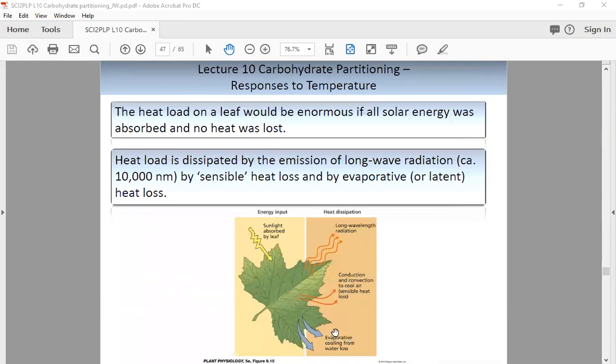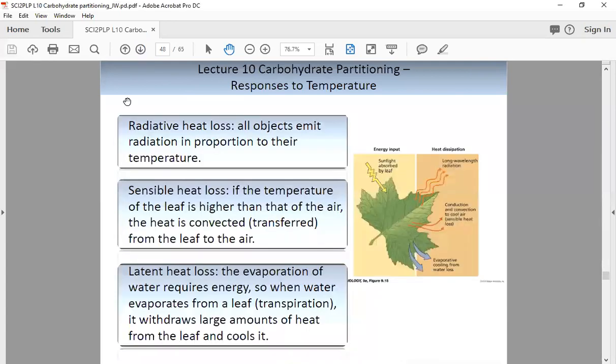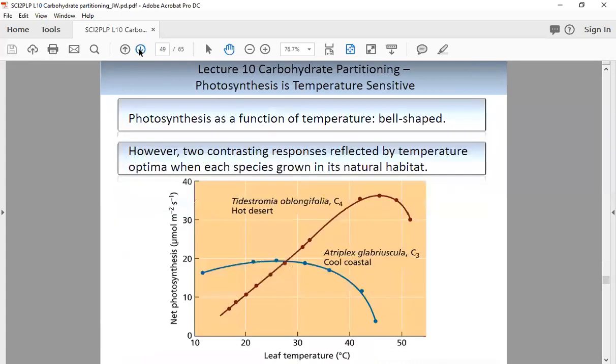And this is as a result of water loss from transpiration via the stomata. Okay, that's summarised here for you: radiative heat loss, sensible heat loss, and latent heat loss. So I won't go over that again.